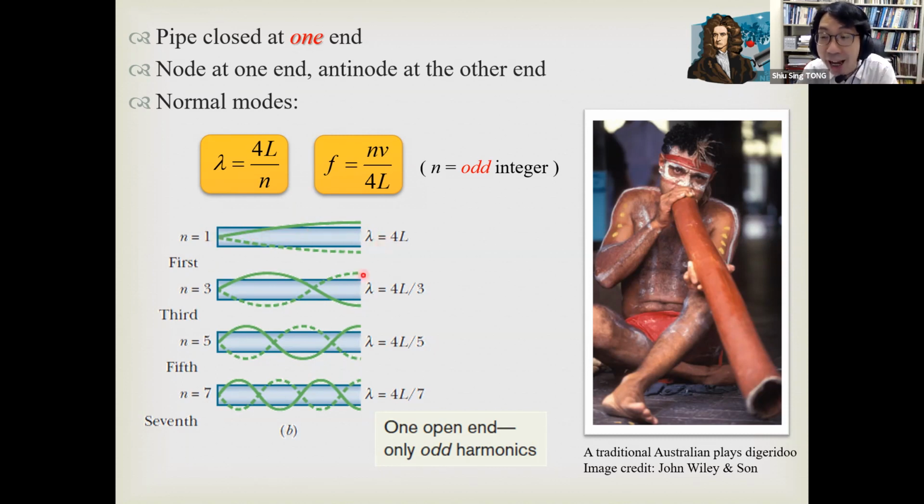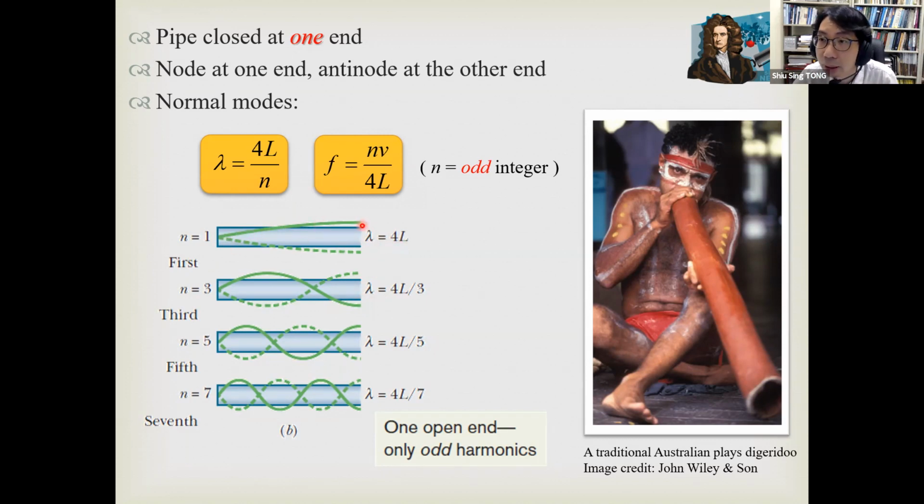However, on the open end, the pressure is equal to the atmospheric pressure, so the pressure disturbance is 0. And the pressure disturbance being 0 corresponds to a maximum amplitude for the displacement. So that's why there's a maximum here on the right hand, because it's open. So what would be the fundamental here?